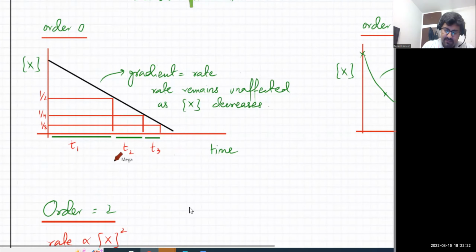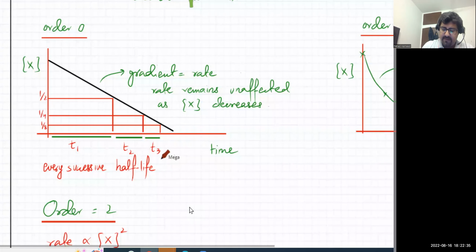Anna, Alicia, is this clear? So every successive half-life is half of the previous half-life.